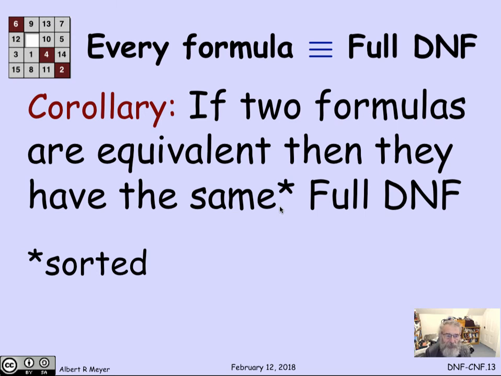Remember, an AND of PQR is the same as PRQ because I could list the literals in an AND clause in any order and they'll be equivalent. And likewise, I could take the AND of literals terms and they're just ORed together, so I could list them in any order and it won't be the same term if I shuffle them in different ways. But if I alphabetize everything, that will force the full DNF to be unique. And in that case, I can say that every formula has a unique sorted full DNF that is equivalent to it.